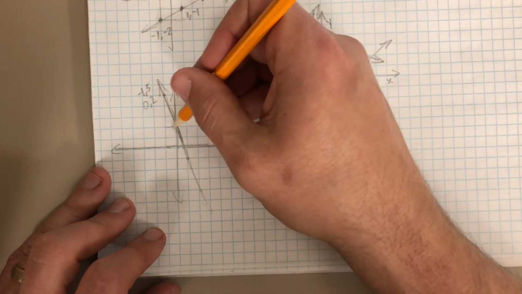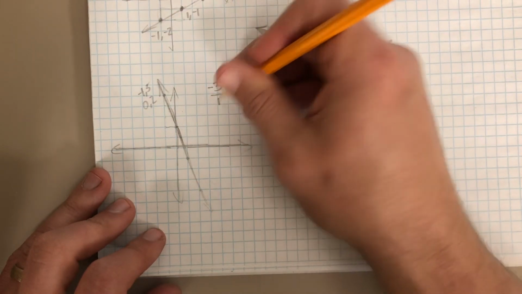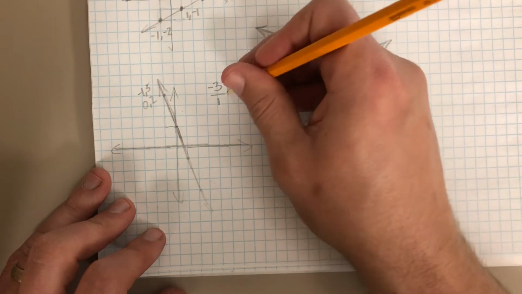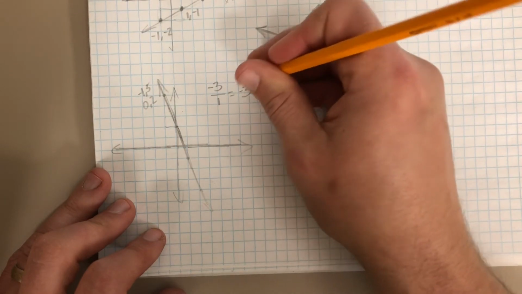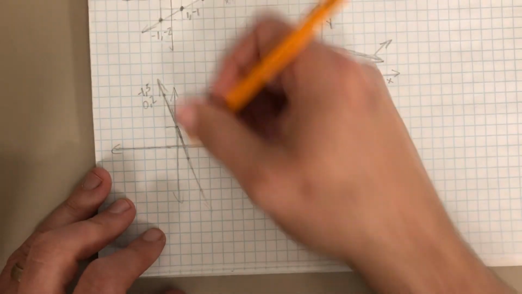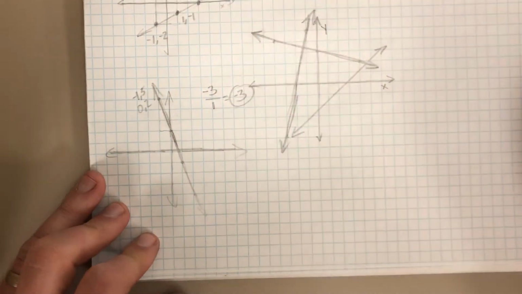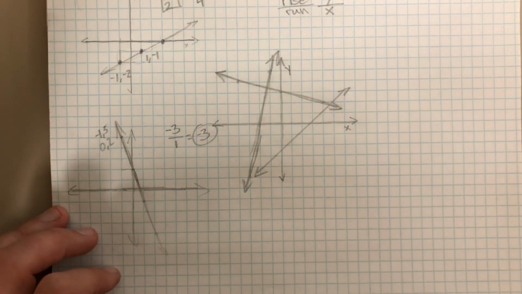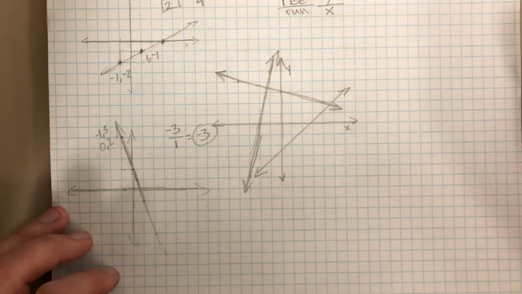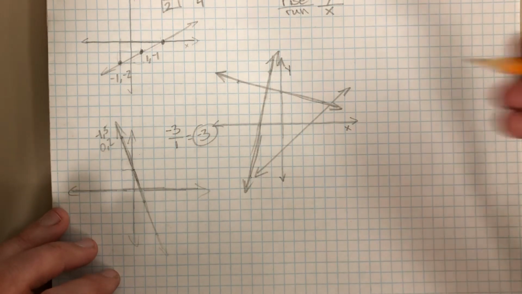Down 3 to the right, 1. So -3 over 1, which is the same as -3. We would just say that this has a slope of -3, the rise over the run. And that's all there is to finding the slope of a line. You simply look at the rise and the run and calculate it that way.